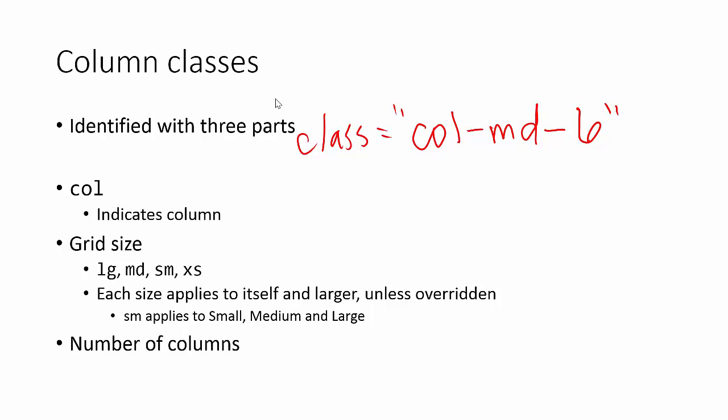The classes that produce the layouts that we want are made up of 3 pieces. It starts with col for column, the screen size, and then however many columns we want that div or that section to take up. For example, col-md-6 would tell that div on a medium screen size to take up 6 columns.